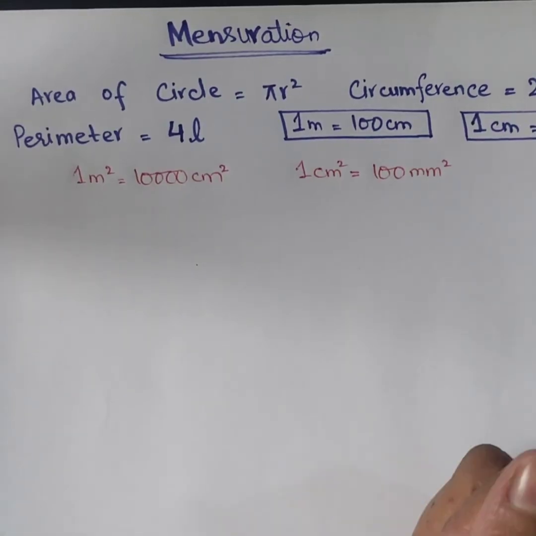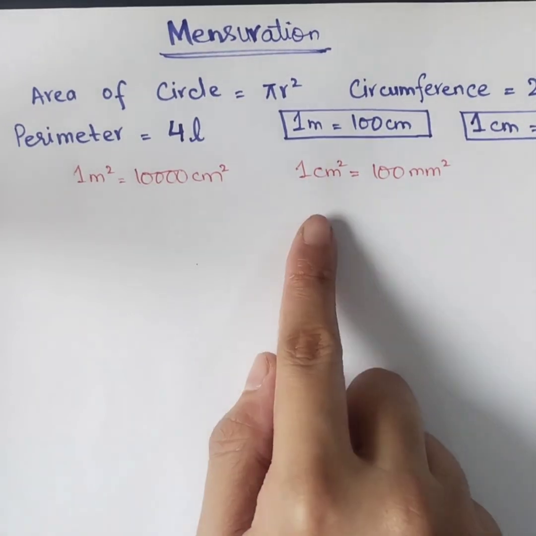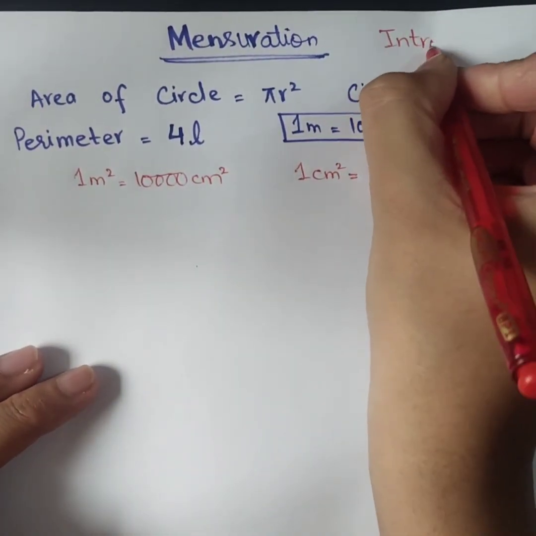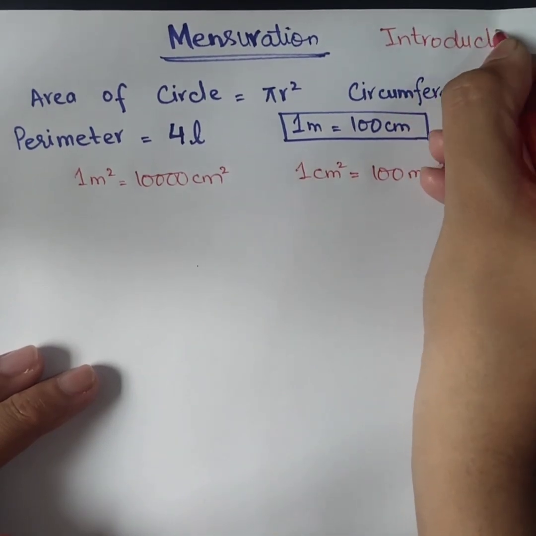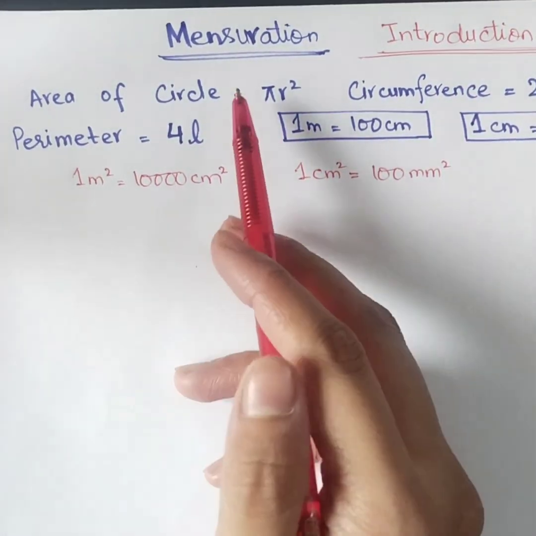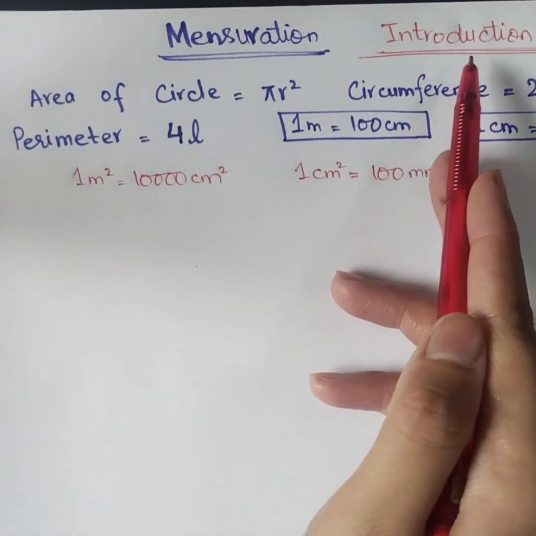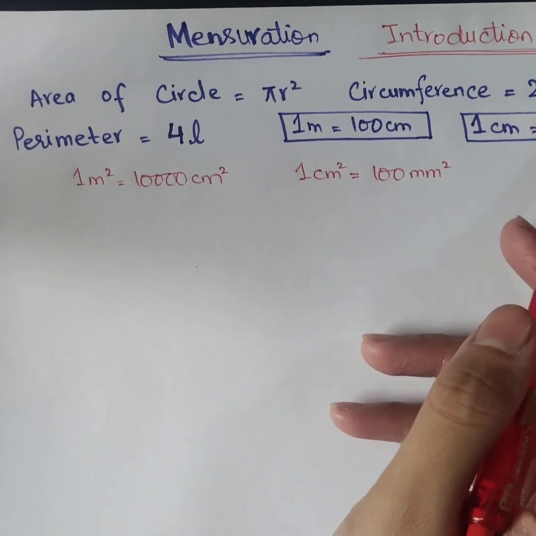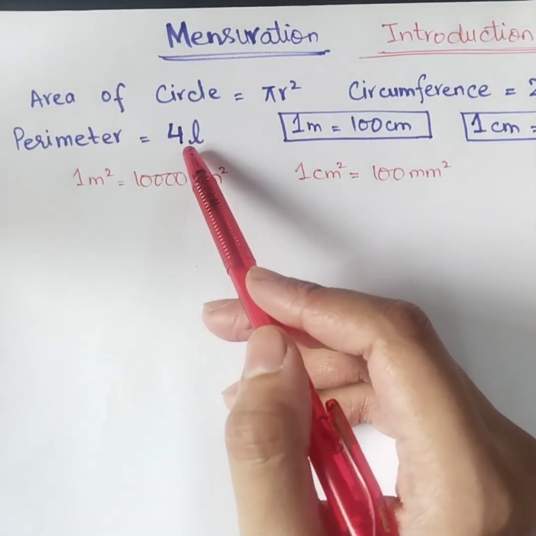So this is our topic, mensuration, and this is your introduction page. You have to make it in your copies and note down all these points. This is the mensuration introduction. Area of a circle formula is pi r square. Circumference formula is 2 pi r. Perimeter is equal to the sum of all the lengths.